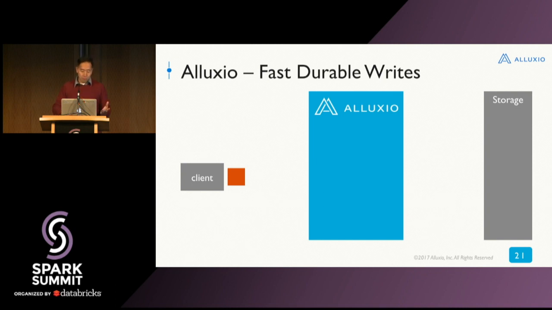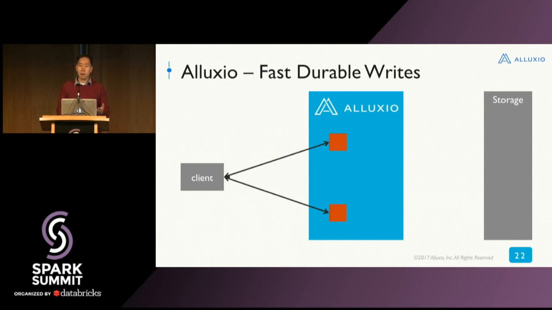The first stage of fast durable writes is that the applications will write multiple copies to Alluxio memory. This is a configurable parameter, so you can write as many copies as you would like, depending on the fault tolerance profile that you want. In this example, there are two. After that's written to two copies, the write is considered complete, and the application can move on and continue the processing.